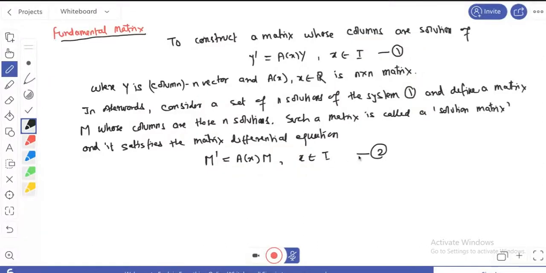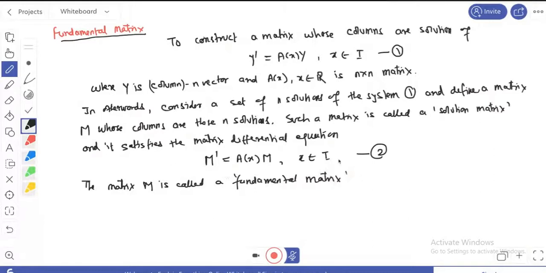Okay, so the matrix M is called a fundamental matrix.